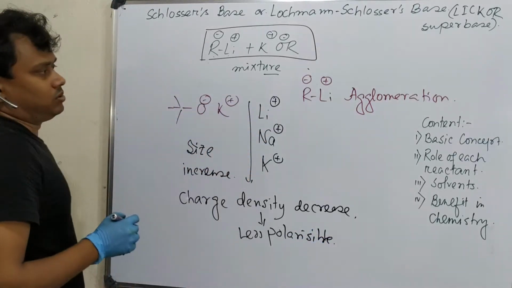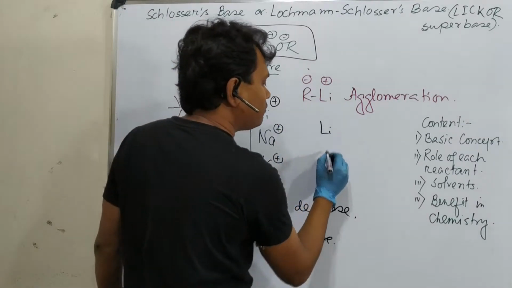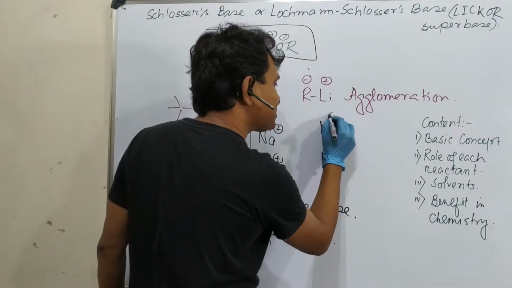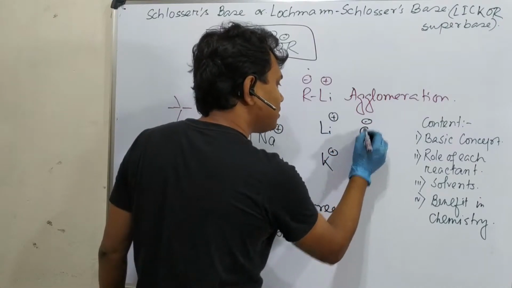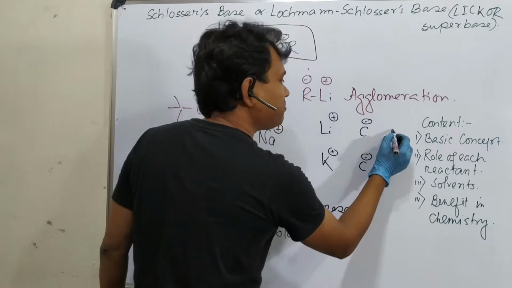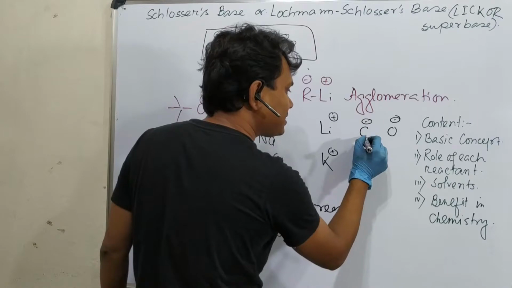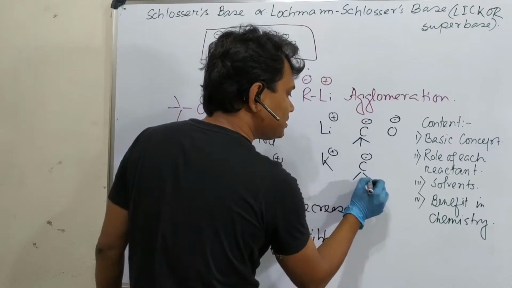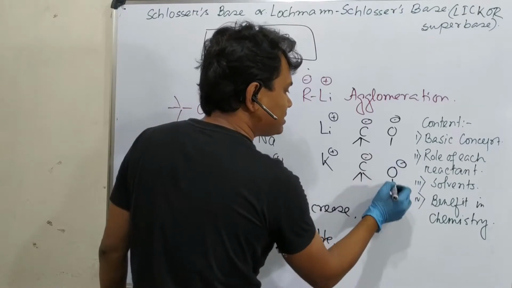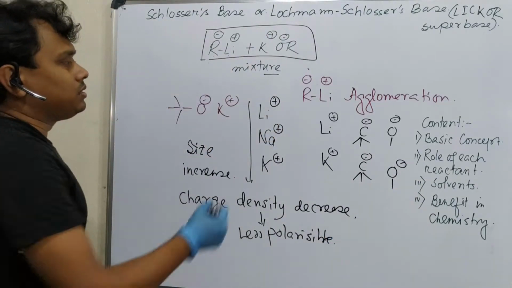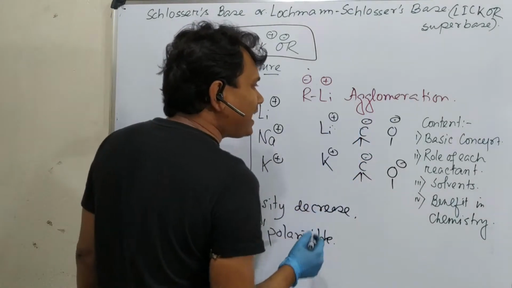Now, if you consider lithium-carbon versus potassium-carbon, lithium plus carbanion versus potassium plus carbanion, and lithium plus oxygen anion, the oxide, versus potassium plus oxide, this bond is stronger. Why?